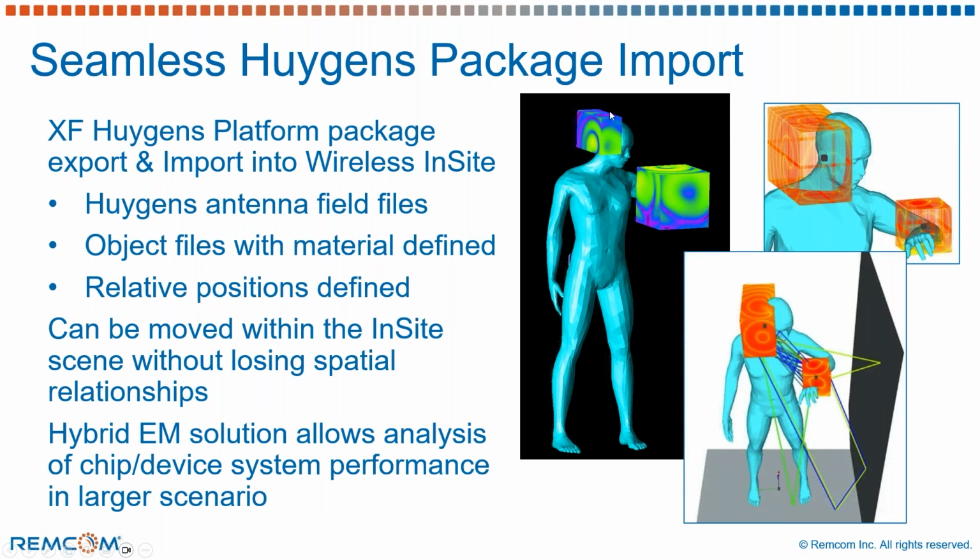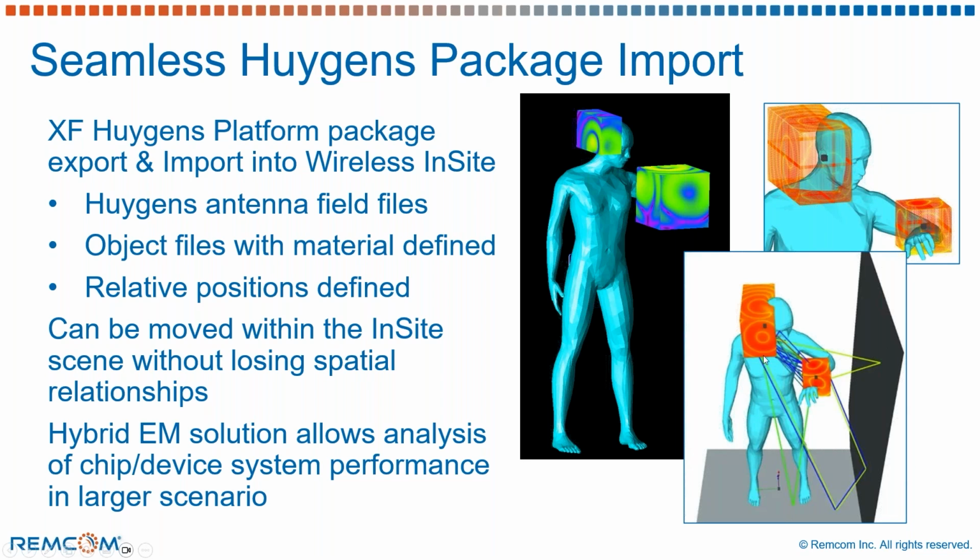So the first picture here is the XF simulation with the fields that are calculated, and then the antennas are brought into Wireless InSite with the geometry and the materials, and then they're put in a scene.